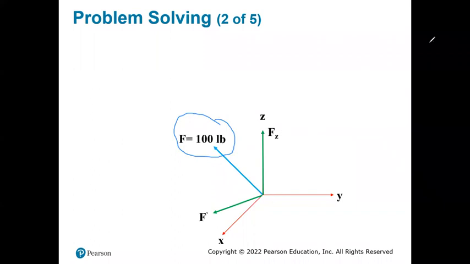And we know what angle it makes in the XY plane. So we have the F force, and they say with the XY plane it makes 60 degrees. So first, let's go back.